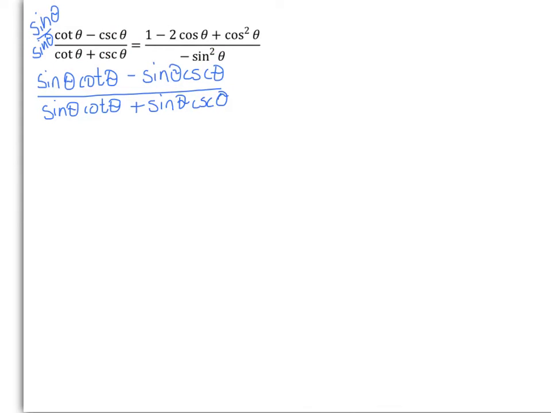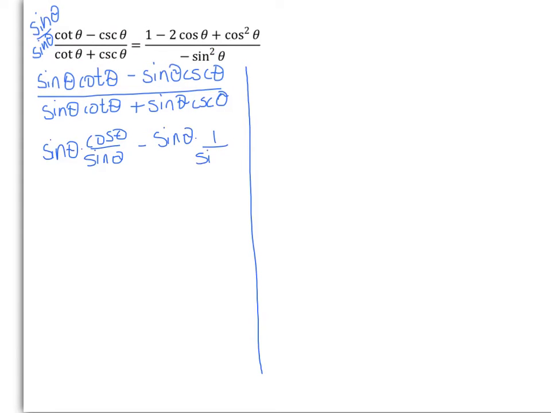Now I'll start simplifying, and here is that line that I can't cross. So sine times cotangent, that's cosine over sine. And cosecant is 1 over sine.